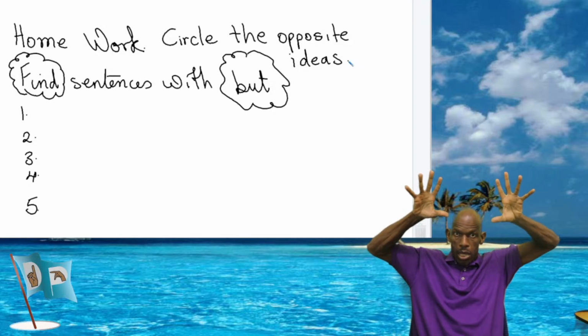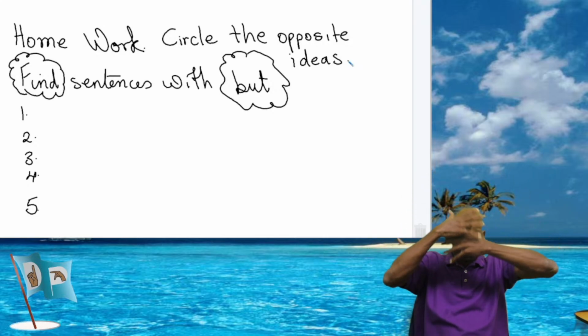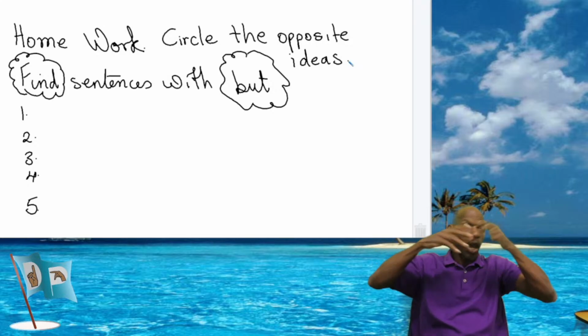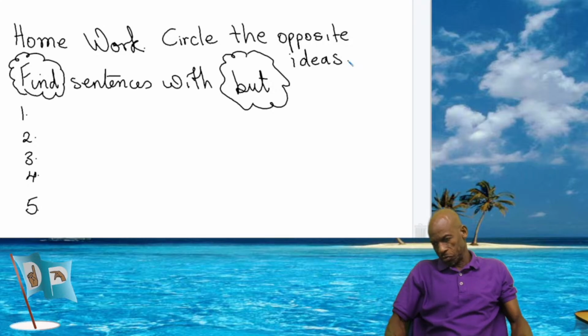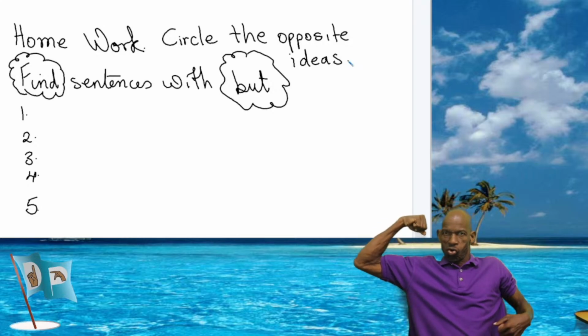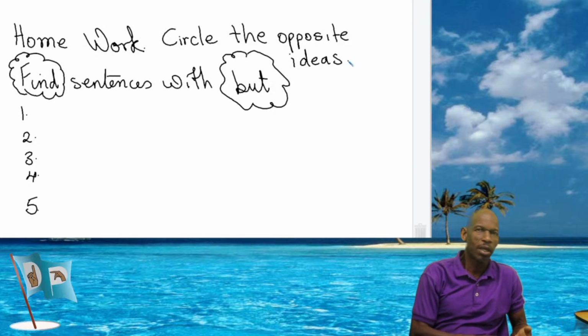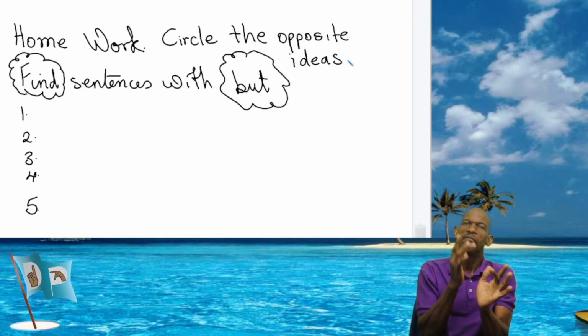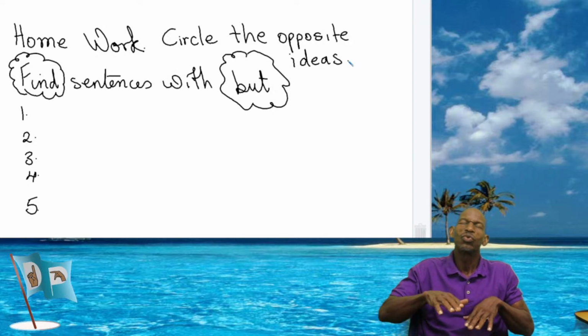So find the sentences, 5 sentences with but in it, and see if you can find the opposite ideas. Right? Don't write the sentences for yourself. I said again, take it from a book or on the internet. Okay? Anybody have any questions before we finish?